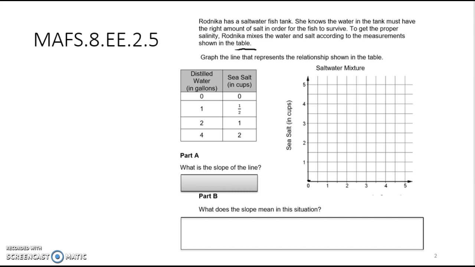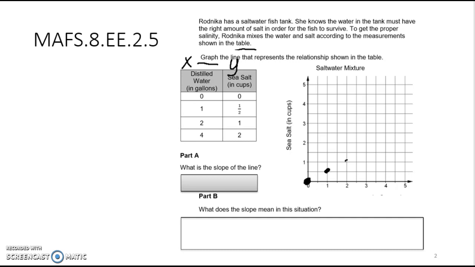All right, so let's go ahead and graph the line that represents the relationship shown in the table. In our table, we're going to start at 0, 0. So we're going to make that mark on our graph, and then we're going to go over. Remember, it's always x, comma, y when we're dealing with plotting points from a table. So we'll go over 1 and up a half.